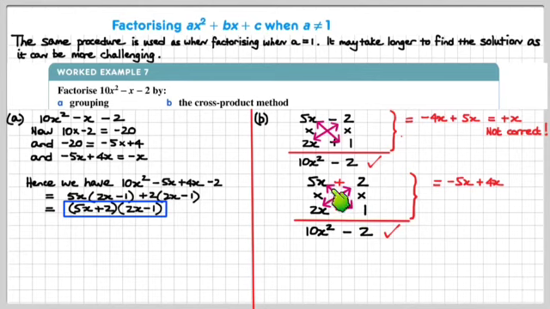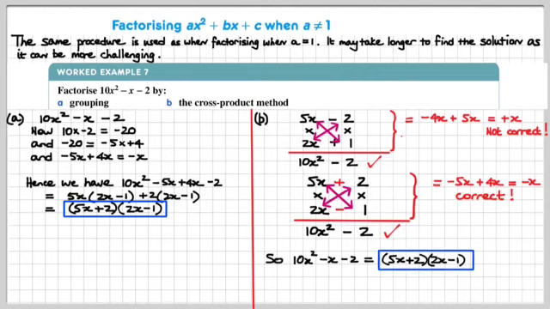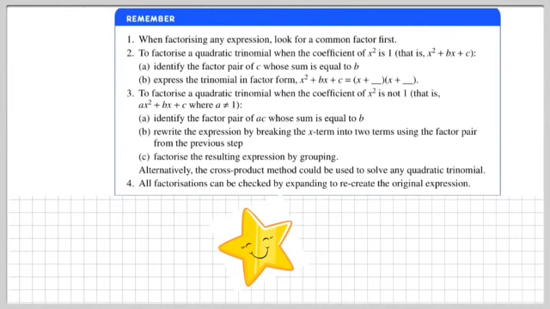So we get minus 5x plus 4x. Oh, good. That gets us minus x, which is what we were after. So therefore that's correct, and we know that our answer is this term times this term. Everything's absolutely wonderful, and we know how to do it.